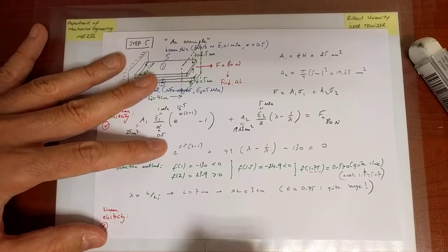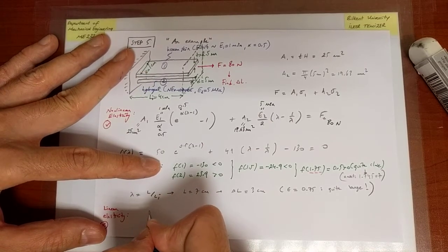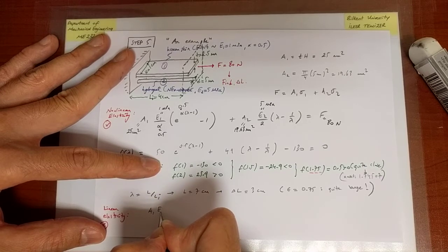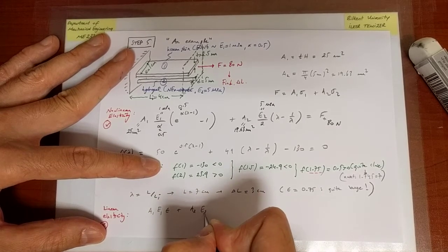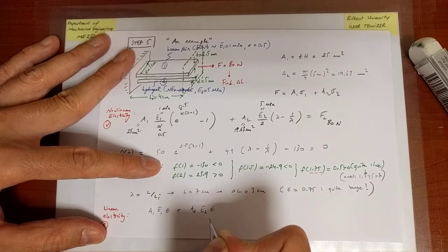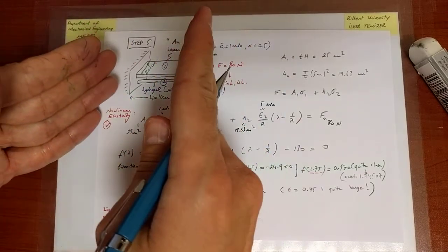Well, if I were assuming that deformations are linear, then the net force that I get is stress times area. Well, what's the stress? It is the Young's modulus of the first material multiplying the corresponding strain. And then the second stress multiplies the second area, the second Young's modulus multiplying the corresponding strain. Strain is just like stretch, the same, because the two plates are parallel to each other.